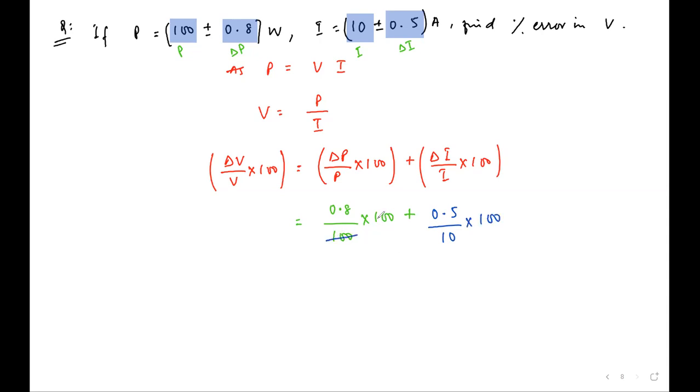So this 100 and this 100 will cancel out. This 10 and 10 will cancel out. So you will get 0.8 plus 5. On combining, it will be 5.8%.